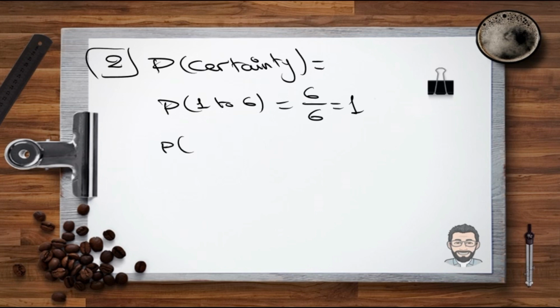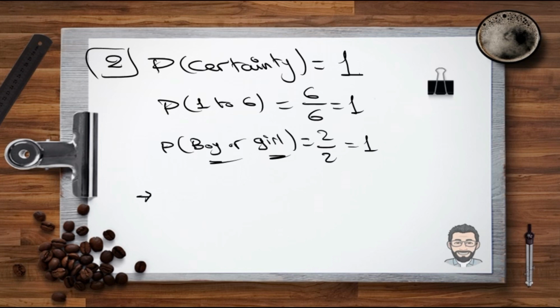So the probability of getting a baby girl or baby boy is going to be what? So boy or girl is going to be 2 out of 2, because the possible outcomes are 2, and I gave you just 2 choices, so it's going to be 2 out of 2, which is 1. So the probability of certainty is going to be 1.